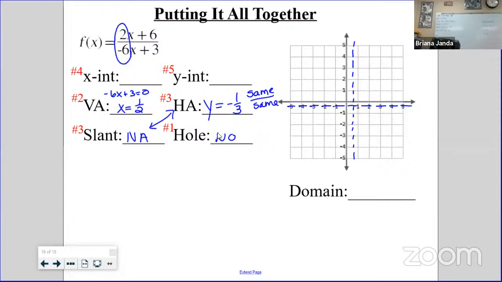Any questions on that? Now I can finish this one super fast because here's our x-intercept, 2x plus 6, that equal to 0. Subtract 6, divide by 2, I get x equals -3. Plug in 0 for our y-intercept. 2 times 0 plus 6 is 6. -6 times 0 plus 3 is 3. 6 over 3 is 2.